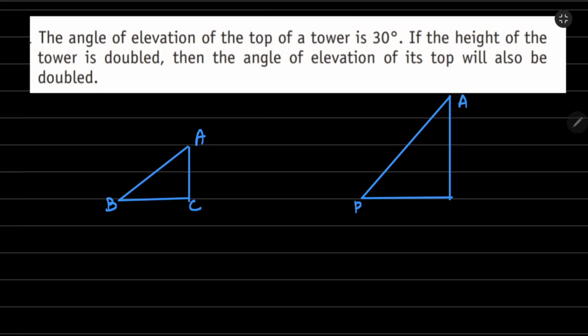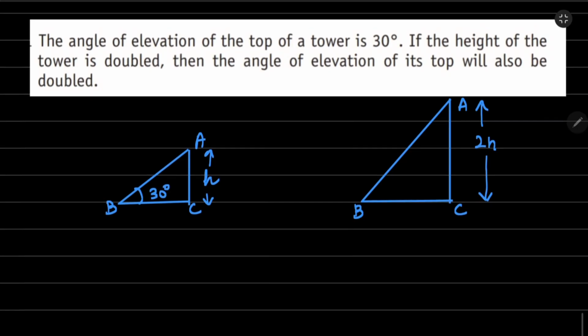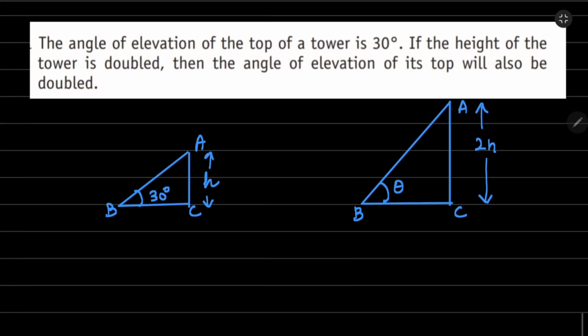Again, the same thing, A, B, C. Let this tower be of height h. The height is doubled, so it is 2h here. One of the angles is given here as 30 degrees. This we don't know, let it be theta. You have to prove that theta will be 60 degrees. Let the distance between the observer point and the tower be x. Here also we don't know, let us keep it as x itself.